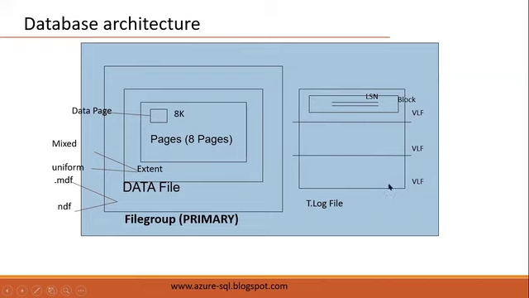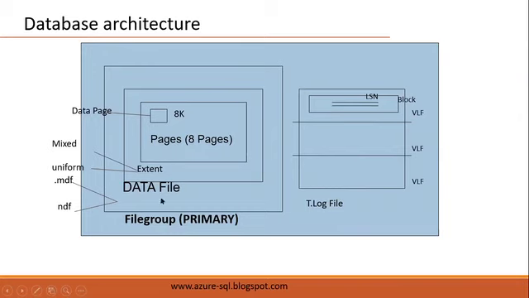Whereas your transaction log files are maintained outside of file groups. This is the file group, right? Outside of the file group, we have transaction log files. Transaction log files will not come under the database actually. See, transaction log file architecture is completely different.